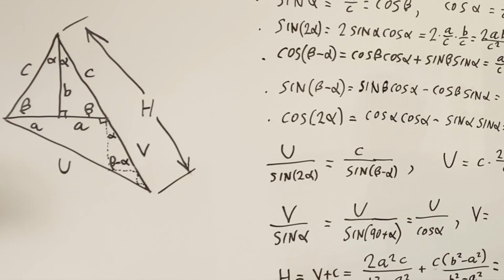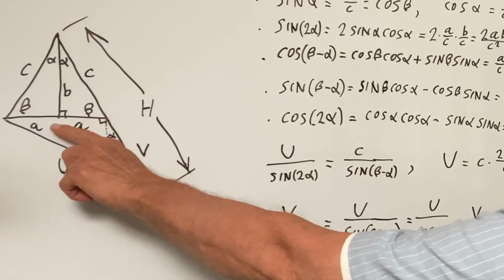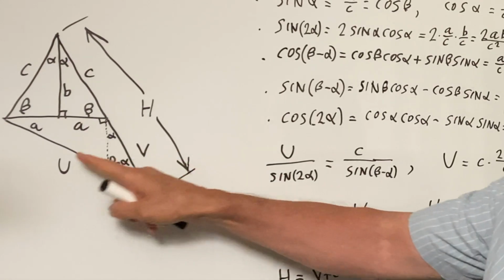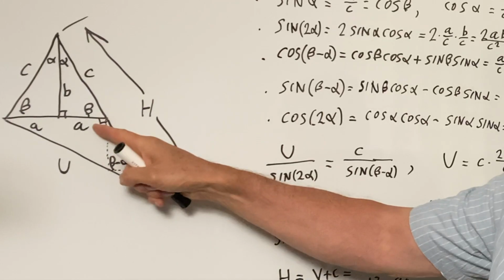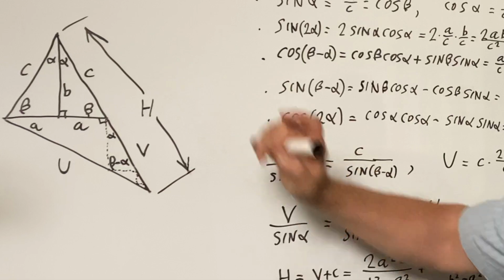Then we use the law of sines again. And what we say is v is to sine of alpha as u is to sine of 90 plus alpha. Here's u and here's 90 plus alpha. This is 90 degrees and this is alpha.